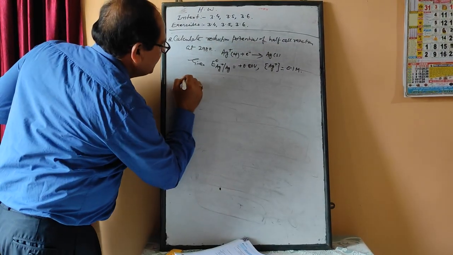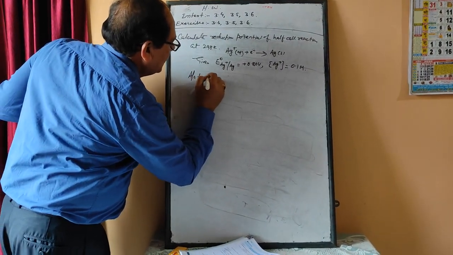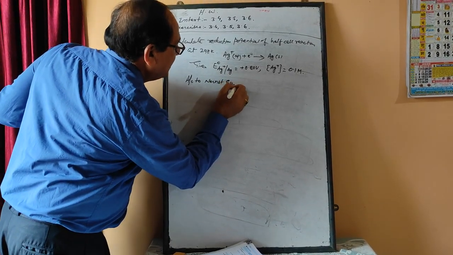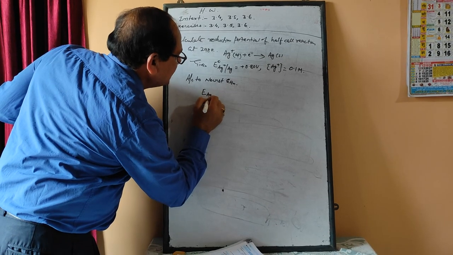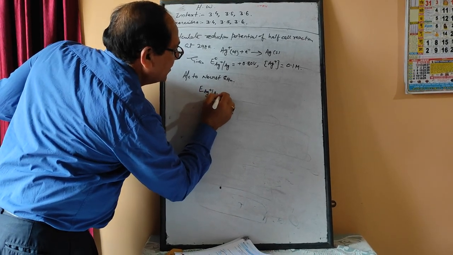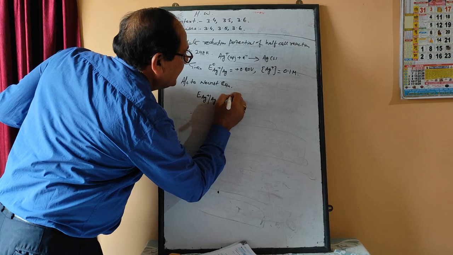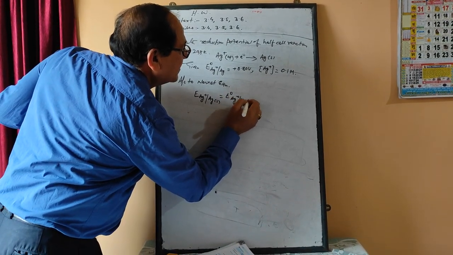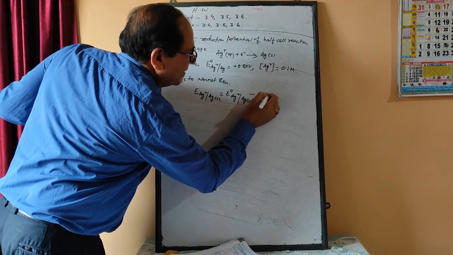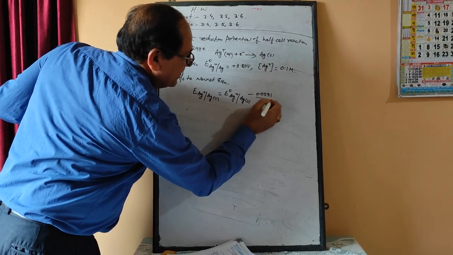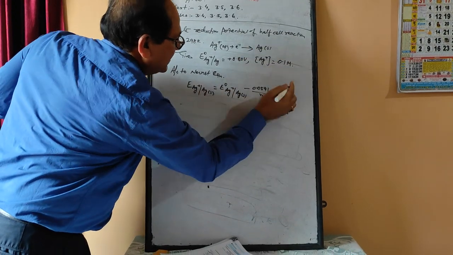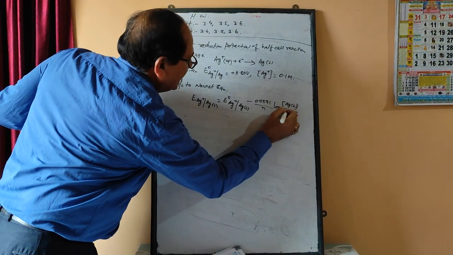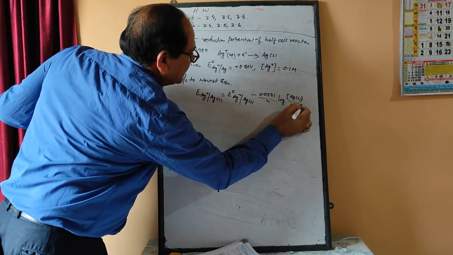Then according to the Nernst equation, E of Ag plus/Ag is equal to E naught Ag plus/Ag minus 0.0591 divided by n log of the concentration of Ag solid, which is 1, divided by the concentration of Ag plus aqueous.